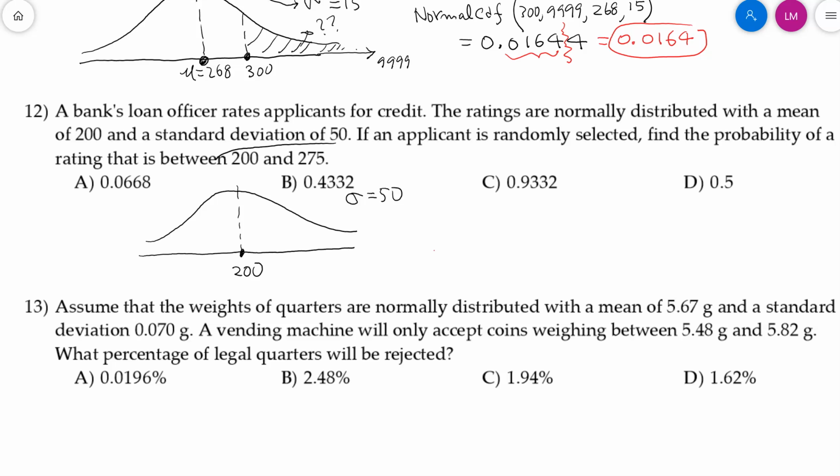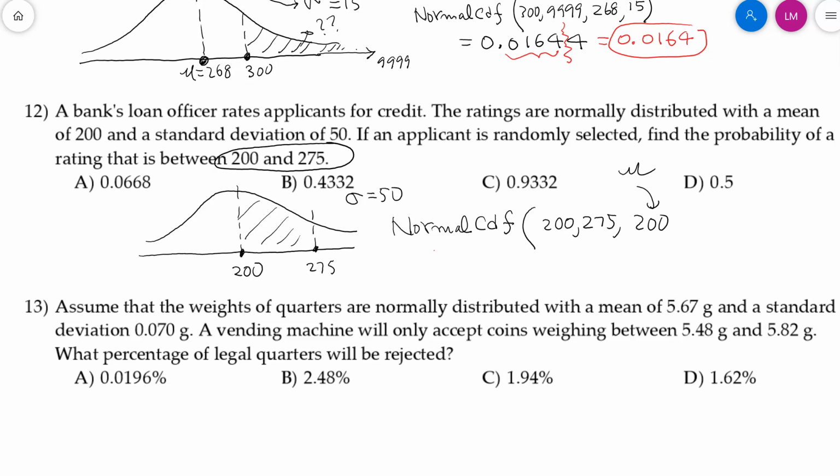They want you to find the area between 200 and 275. So we're looking for this area. We have to put normal CDF: 200 small, 275 large, 200 again for mu, and then 50 standard deviation. You check this. The answer is one of those 4.